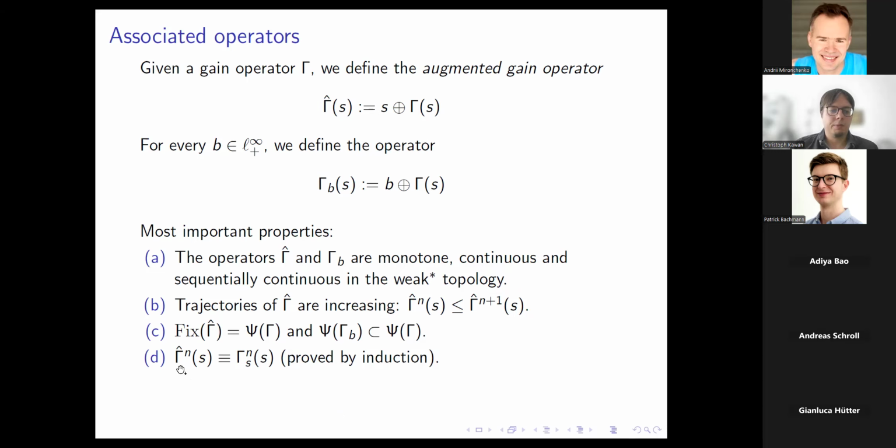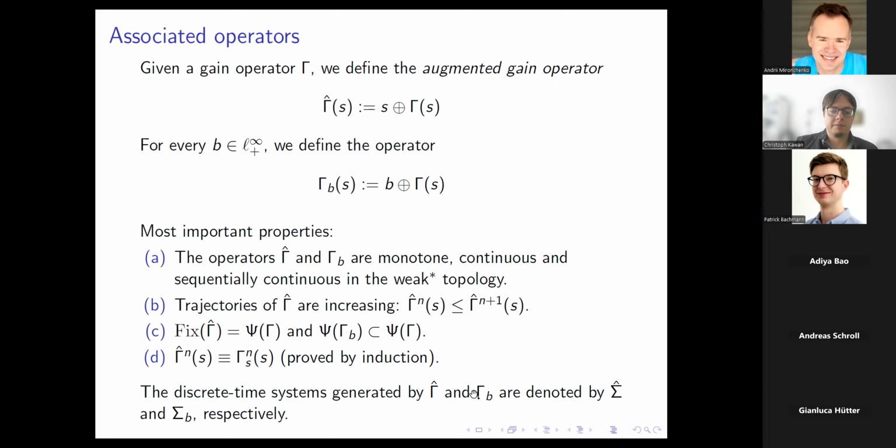And then the fourth property, which is not quite trivial, but it can be proved by induction. If we iterate this augmented gain operator on some vector S, then it's the same as if we iterate the gamma S operator, so putting B equal to S and applying this to S. This holds true for all S and for all N, and it's proved by induction using monotonicity only of these operators.